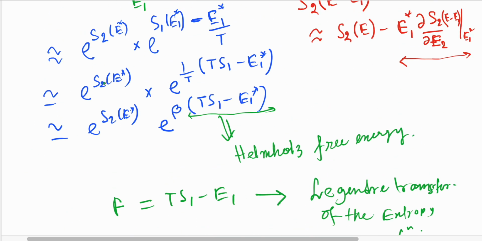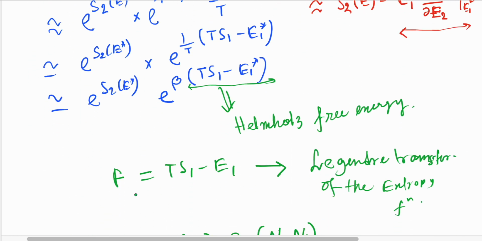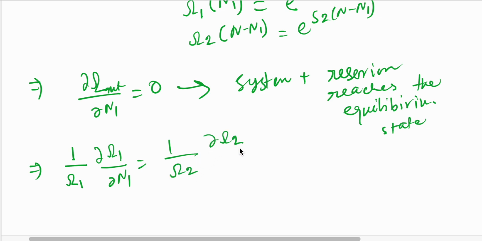Okay, so now let's calculate what the meaning of these things is. If we follow the same steps, we reach this step: 1 by sigma 1, del sigma 1 by del n1 is equal to 1 by sigma 2, del sigma 2 by del n2, where n2 is equal to n minus n1.